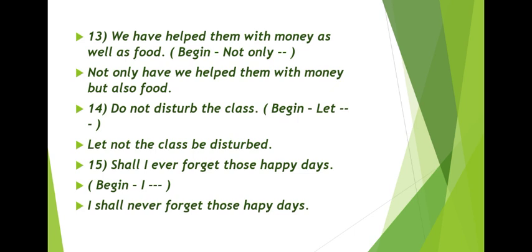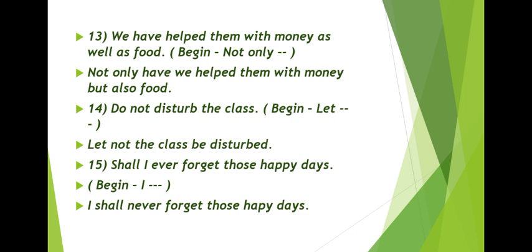Next sentence, we have helped them with money as well as food. You have to begin with not only. After not only, you have to use the helping verb. In the sentence, what is the helping verb? Have is the helping verb. Okay. So after not only, you have to put have. Then you have to put the subject. Not only have we helped them with money. And with not only, always but also is used. So you have to write but also food. Okay. Look at the sentence once again.